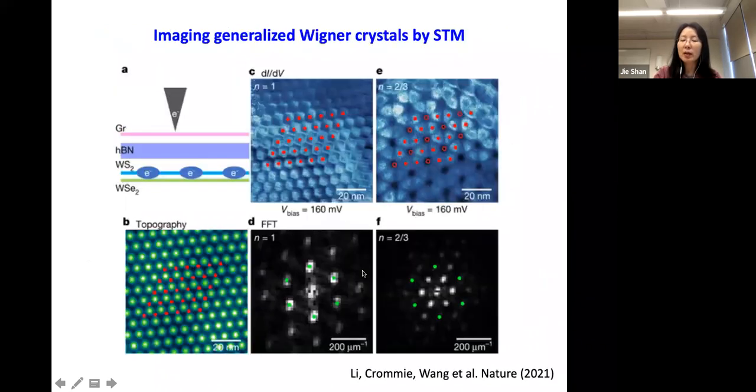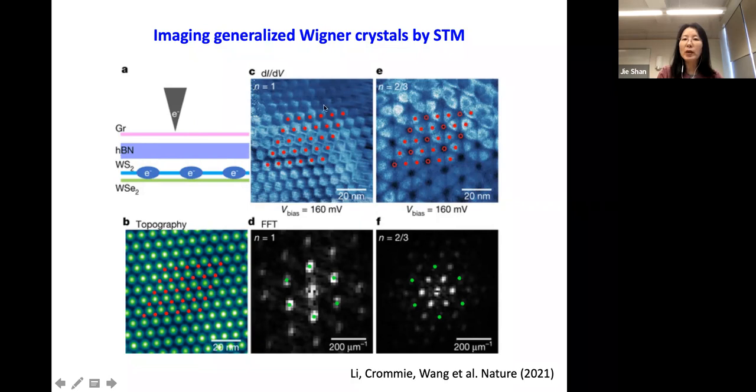So the Berkeley group did an STM study to directly visualize the charge pattern. Because those moire samples are embedded right in the structure, they placed a graphene layer at some distance away from the moire, and the charge puddles are reflected on the graphene, and then you can do STM on the graphene and see the pattern.